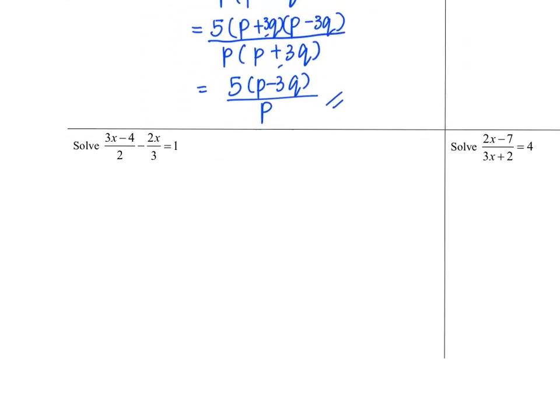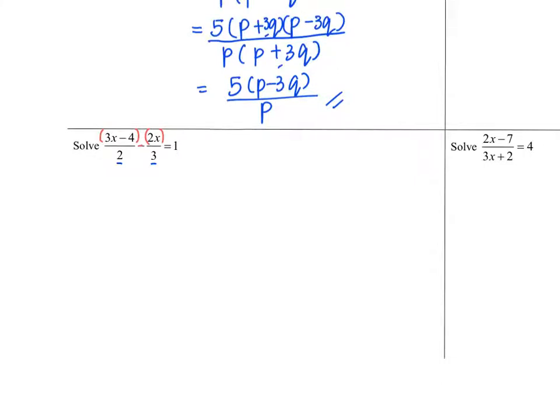Now let us look at how to solve equations involving algebraic fractions. In this case, there is always a minus sign here. Please, if there is more than one term, remember to put brackets. Okay, now I don't like denominators. I don't like fractions. What is the LCM for 2 and 3? The lowest common multiple will be 6, right?